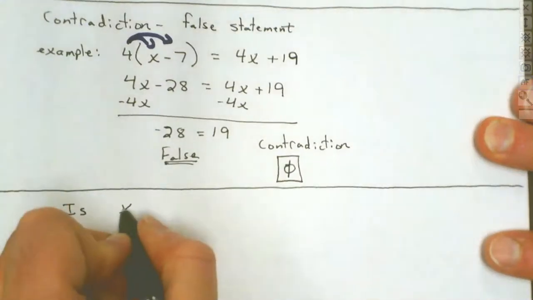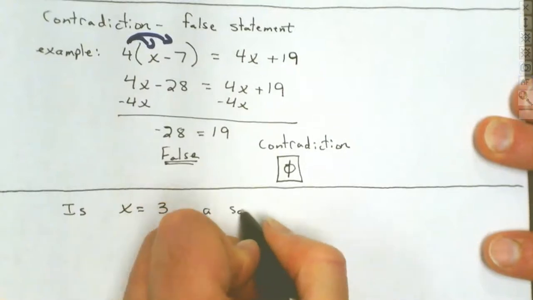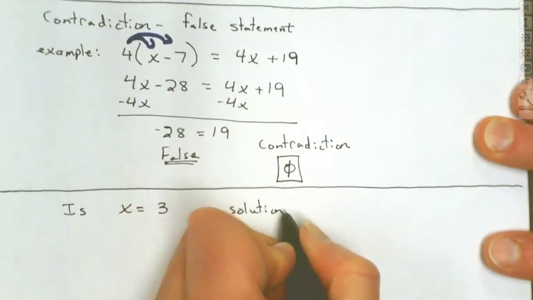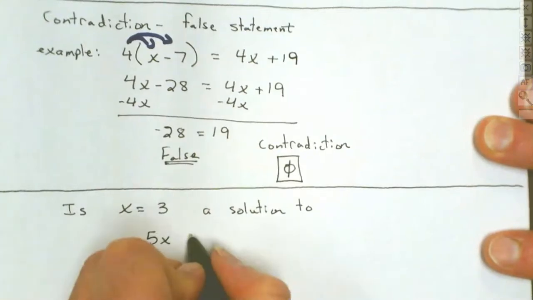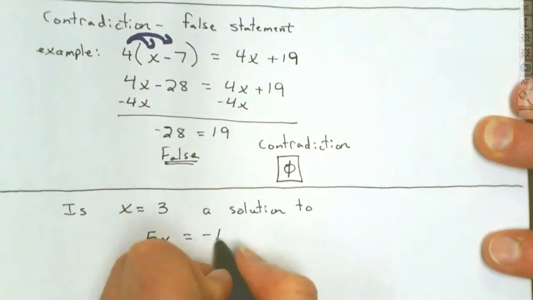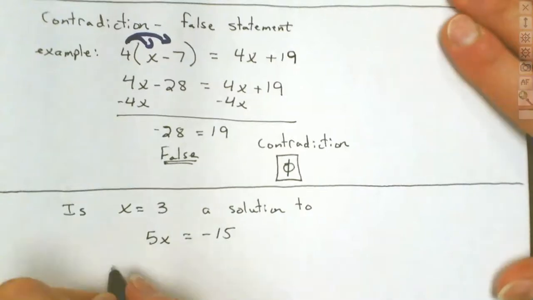So is x equals 3 a solution to 5x equals a negative 15? Is x equals 3 going to be a solution to this? Now, how do we tell if something's a solution? Solution, when I plug it in, should make it true, should make the sides be the same. So solution is just a number that works. Well, let's check.